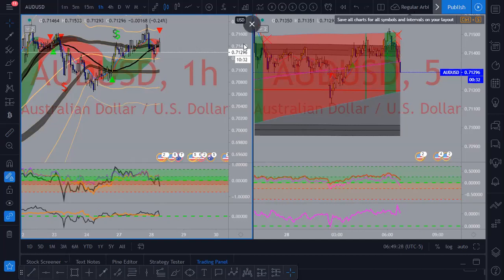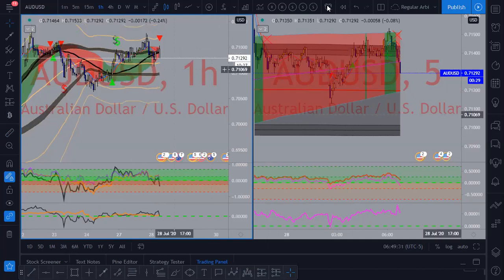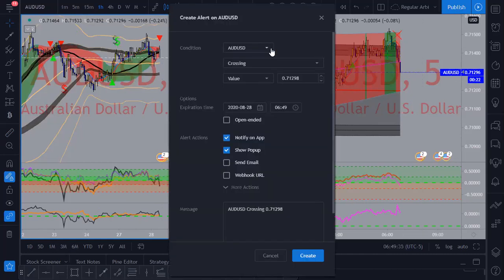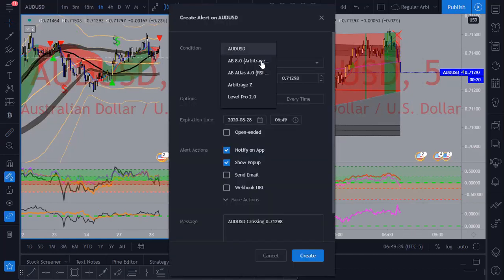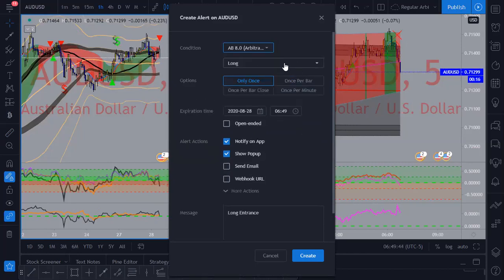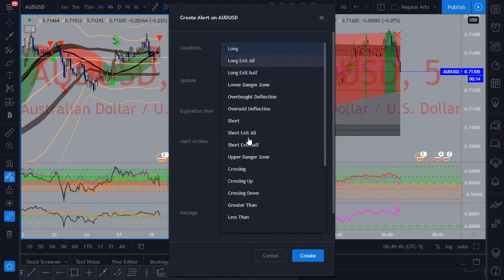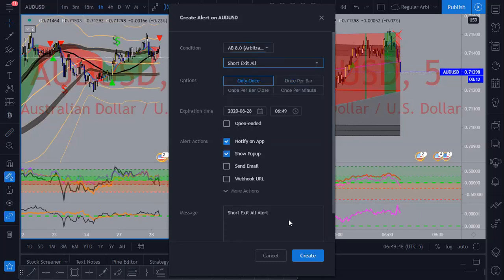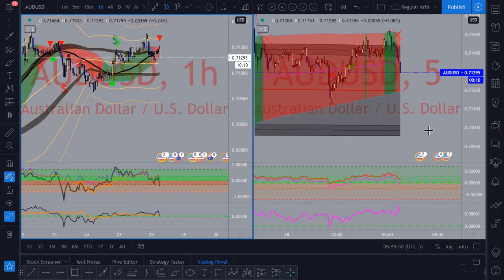Gonna have my alert set for the exit, of course, on the 1 hour. And then once the 5 minute calls for the sell, then I'll set that alert as well. But I'm mostly looking at it on the 1 hour time frame. So arbitrage, short exit all, create. All right. Currently in small profit, so hey, that's cool.